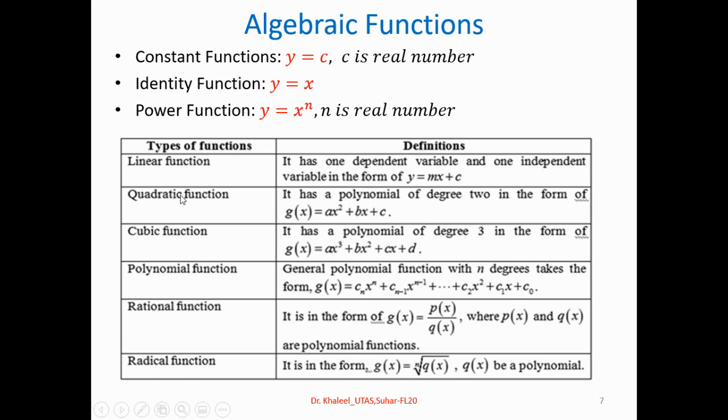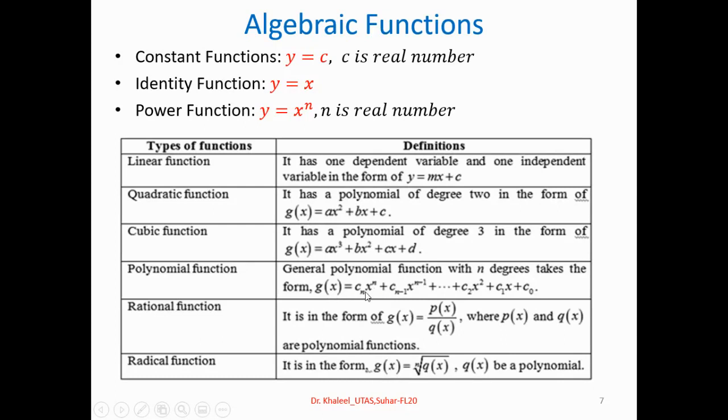And these linear, quadratic, and cubic functions are in fact particular forms of the polynomial function. The polynomial is in general a function of degree n, that means the highest power of x is n.